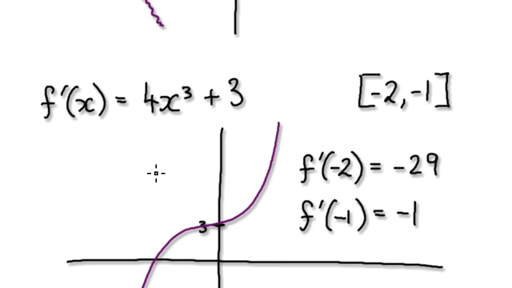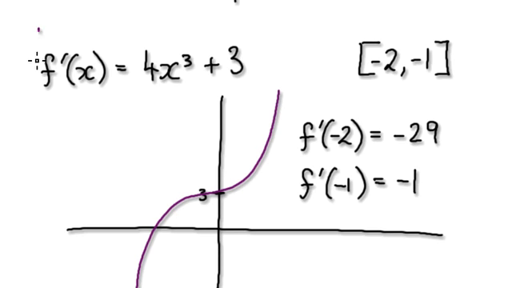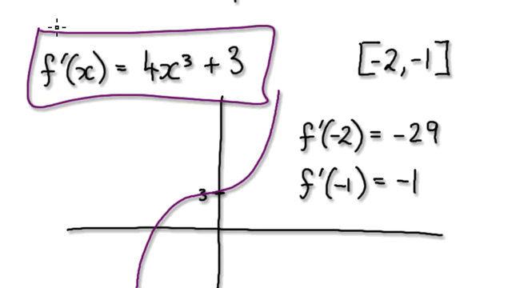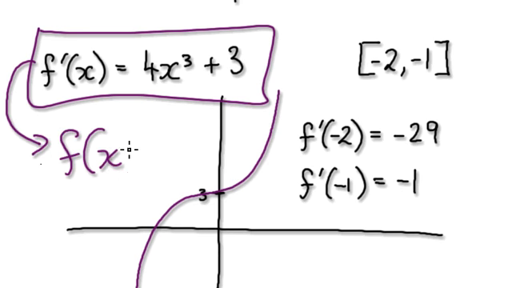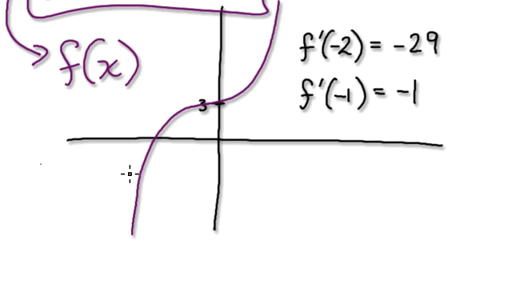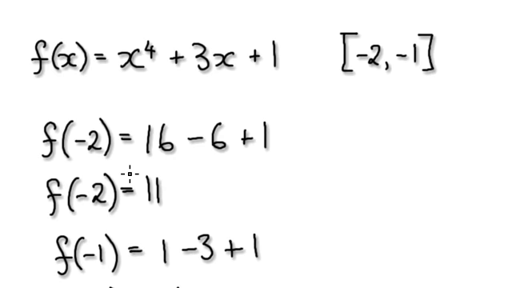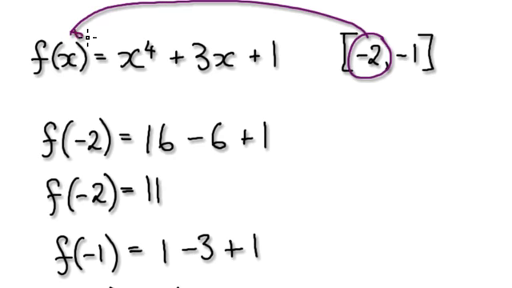So f prime here, we know, is always in the negative realm. That would imply the original function would always be falling. Looking at the original function now, if you put -2 into it, it will give you positive 11.